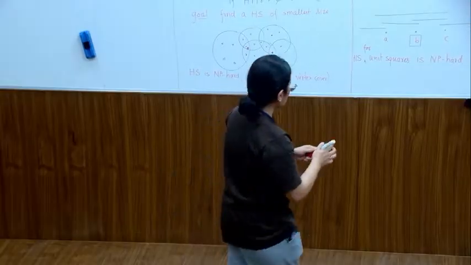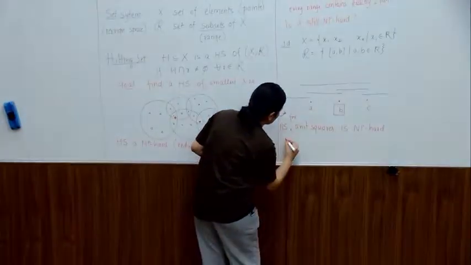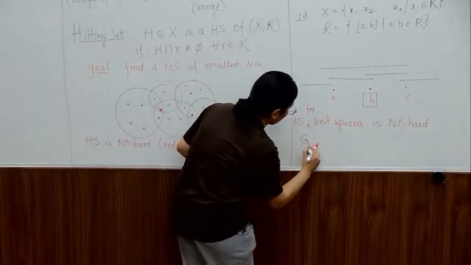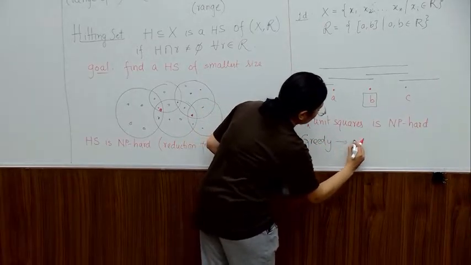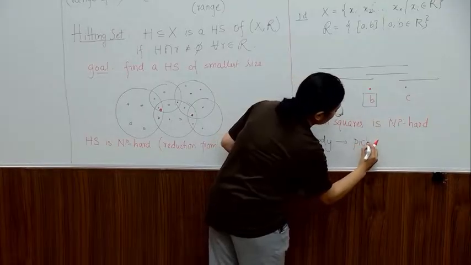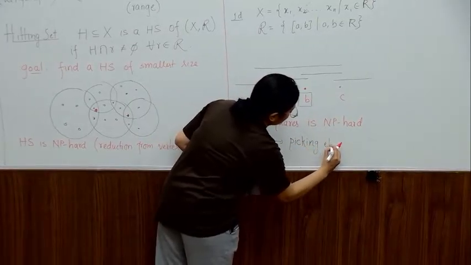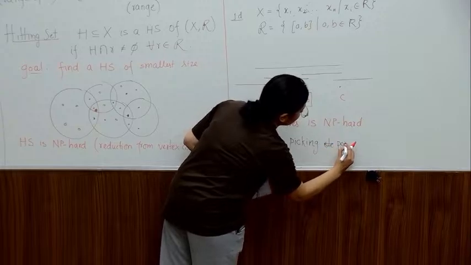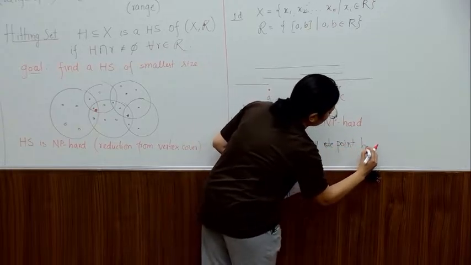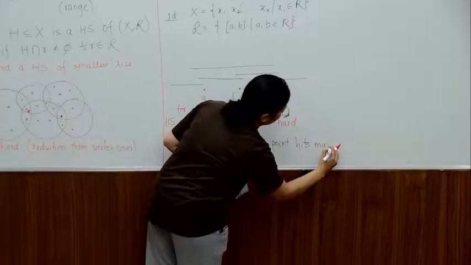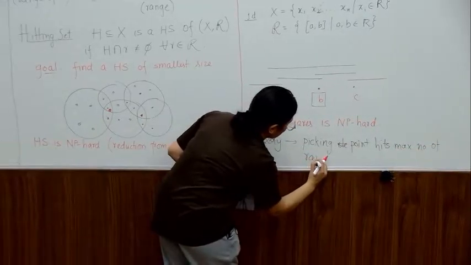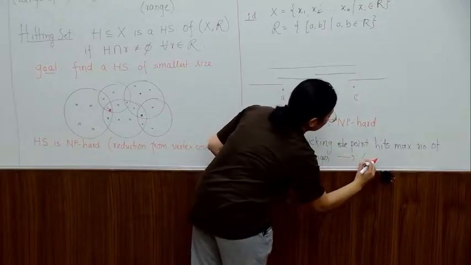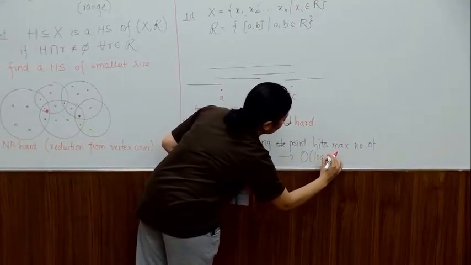So greedy, where you are picking the point that hits the maximum number of ranges, will give you a log n approximation.